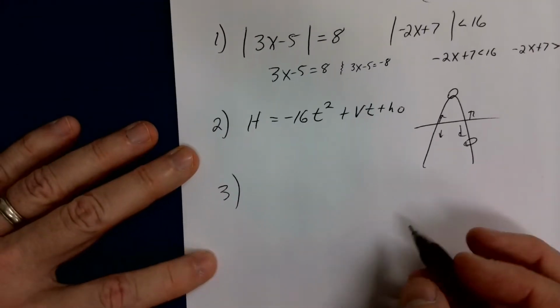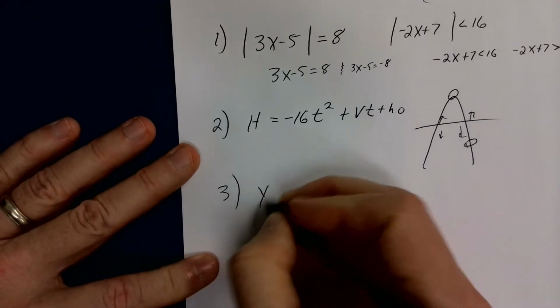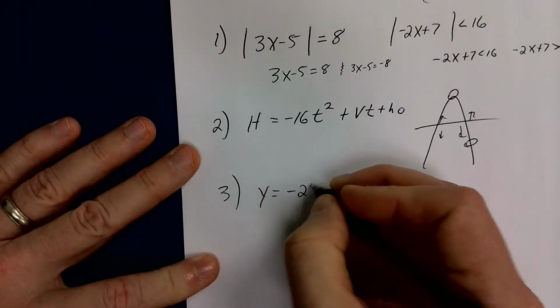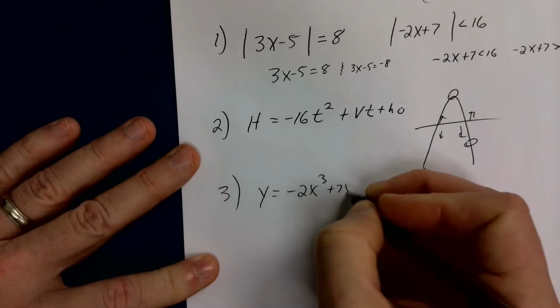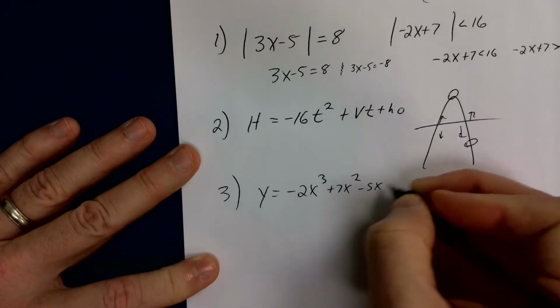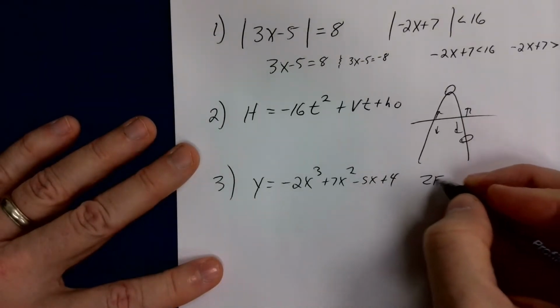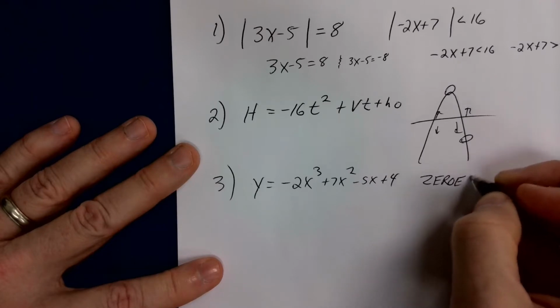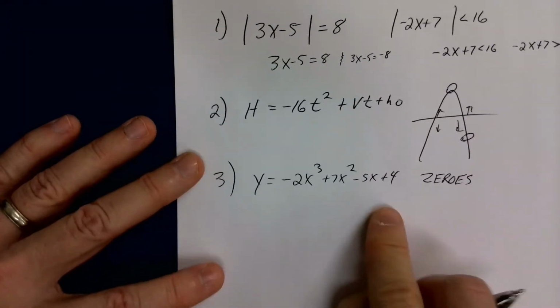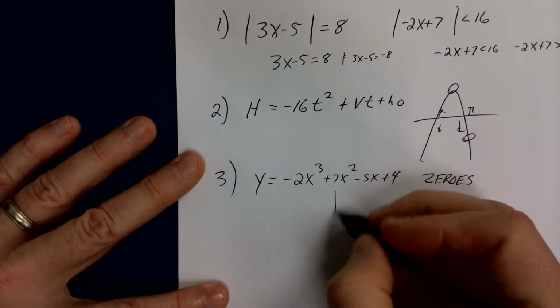What else we got here? Let's say I had this, y equals negative 2x cubed plus 7x squared minus 5x plus 4, and I want to know where the zeros are of this function. Don't try and factor that. That's really scary. This is a cubic, right?